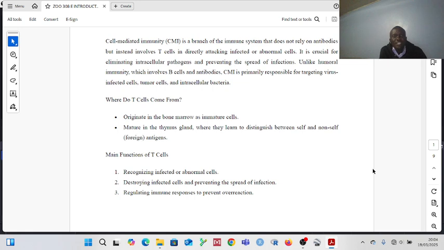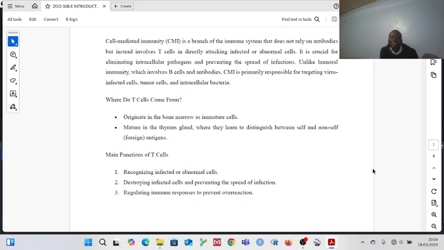So the main functions of T cells, there are three. One is to recognize the infected or abnormal cells. So the first thing is they recognize either cells that are infected or cells that are abnormal. Then the second function is to destroy the infected cells.